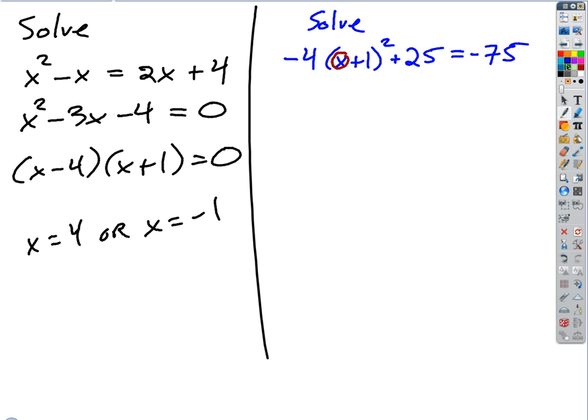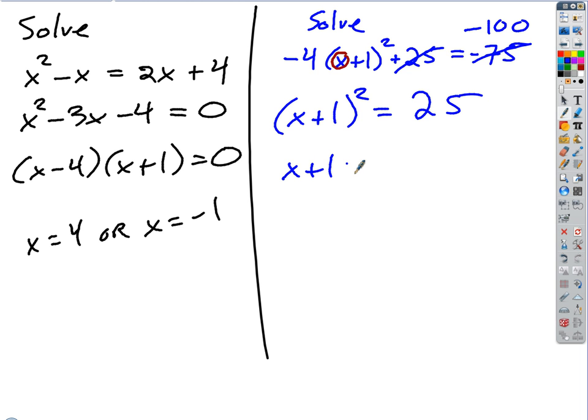So if I subtract 25, what am I going to get on this side? -100, so let's just do that. -100 divided by -4 gives us the quantity x plus 1 squared is 25. The square root of 25 is 5, so we take the square root of both sides. Plus or minus. Good, we got the plus or minus.